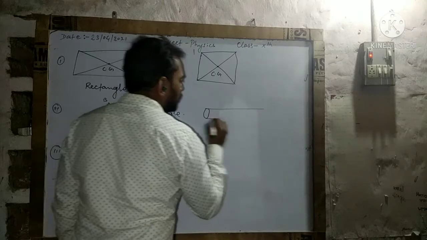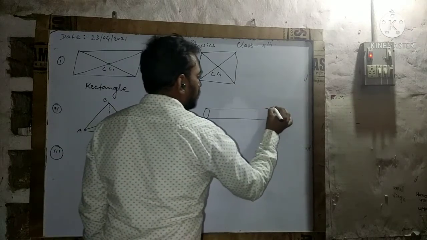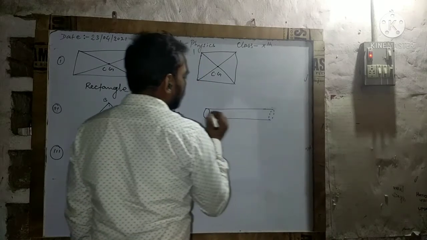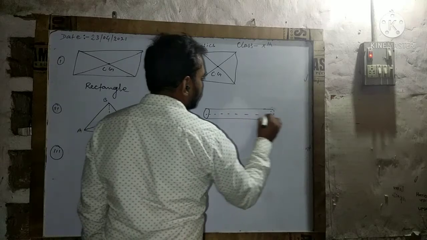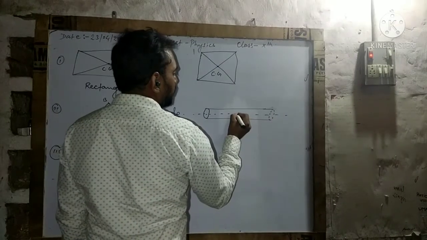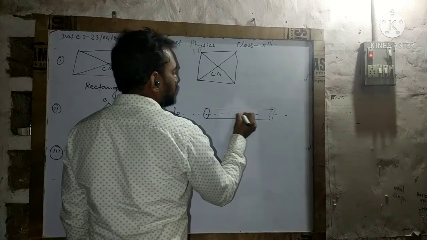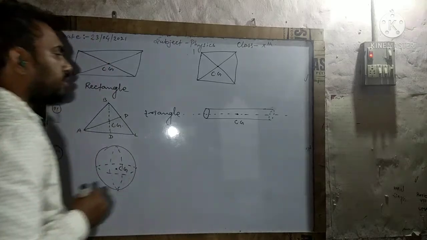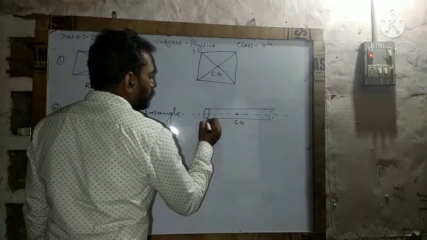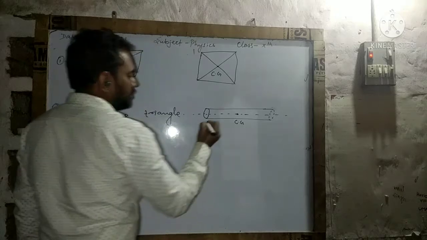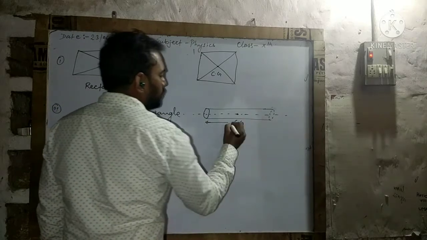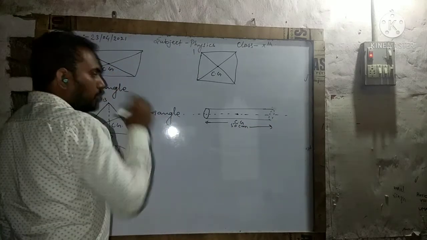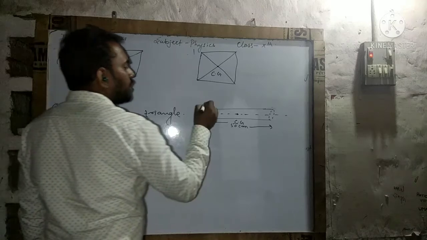For a hollow or solid cylinder, the center of gravity will be along the axis, at the midpoint of the axis. For example, if the cylinder is 50 centimeter, where will its center of gravity be?